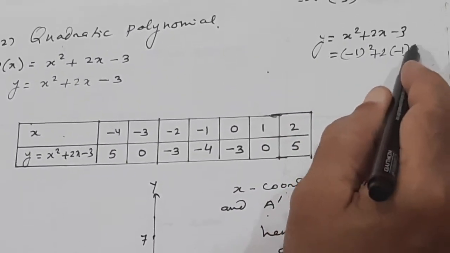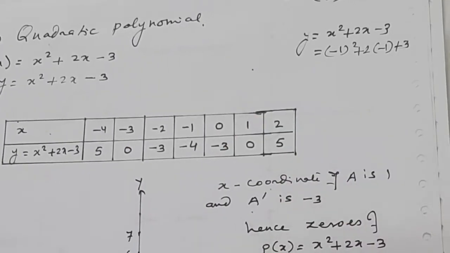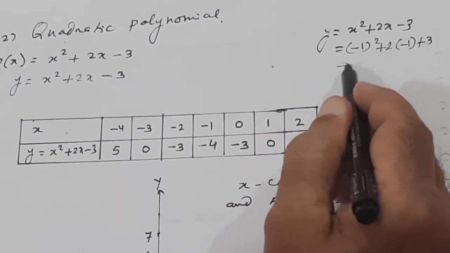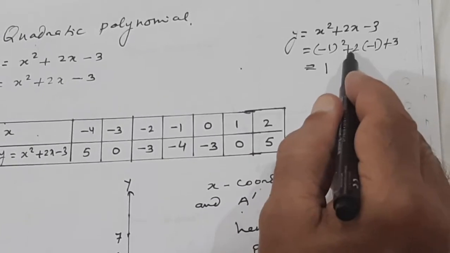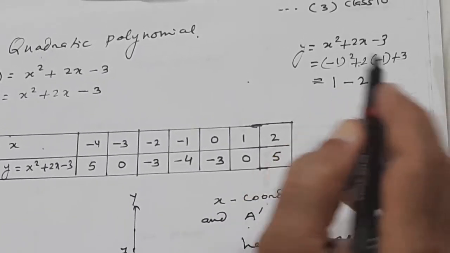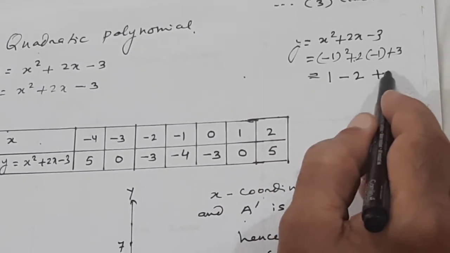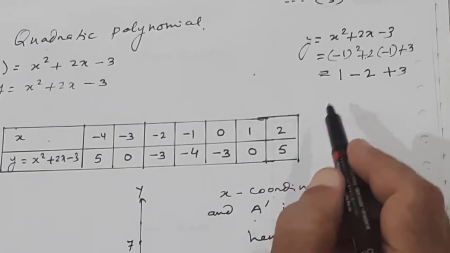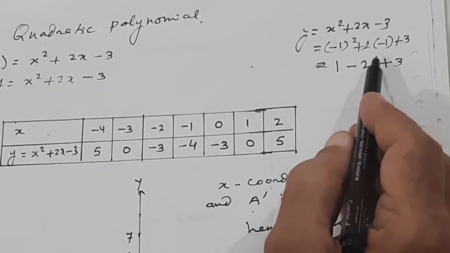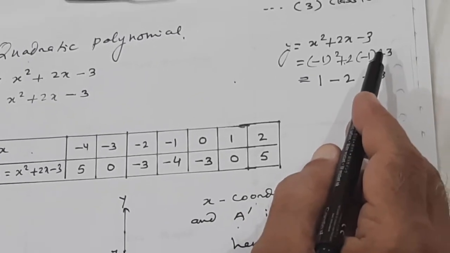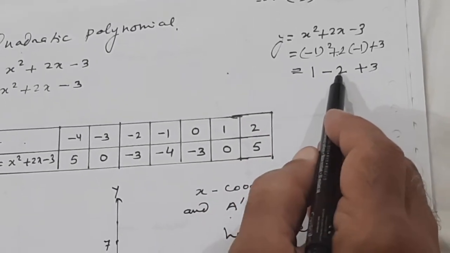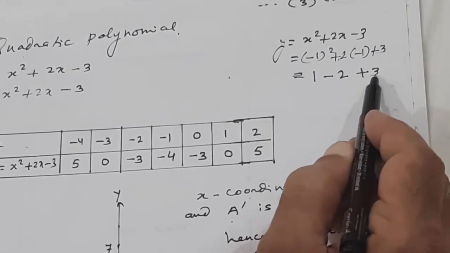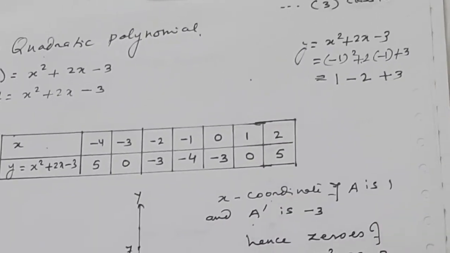Replace x by 1. 1 square is 1, 2 into 1 is 2, and minus 3. So 1 plus 2 is 3, minus 3 is 0.